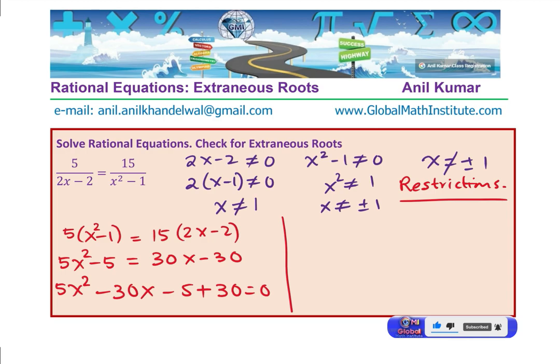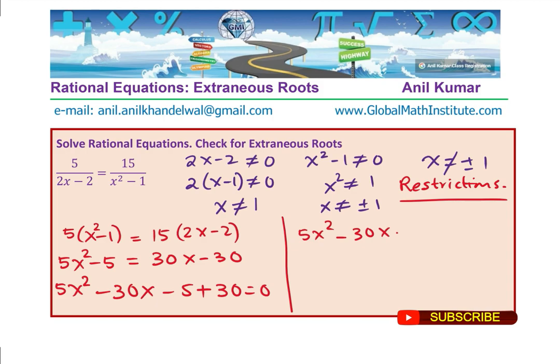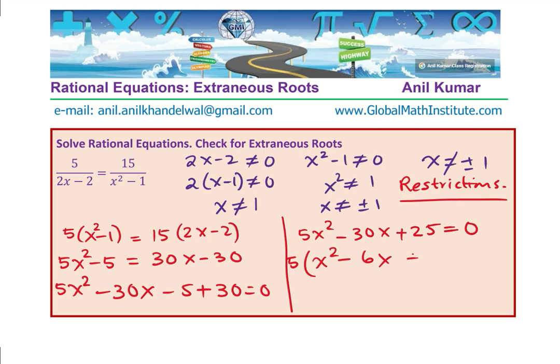So in this equation, let me rewrite this. By combining the constants, we have 5x squared minus 30x plus 25 equals 0. Taking 5 common, I could always write this as x squared minus 6x plus 5 equals 0, correct?